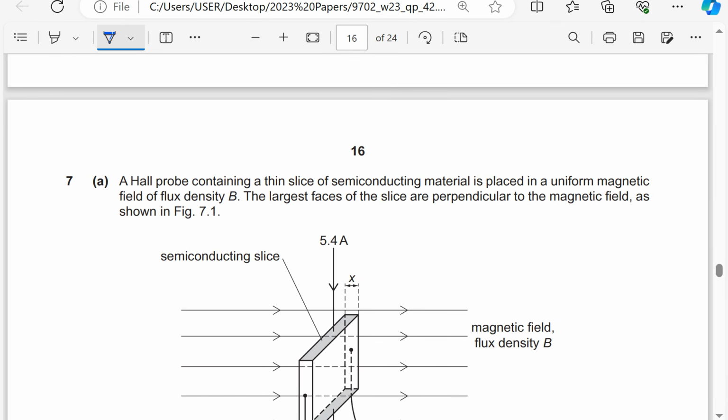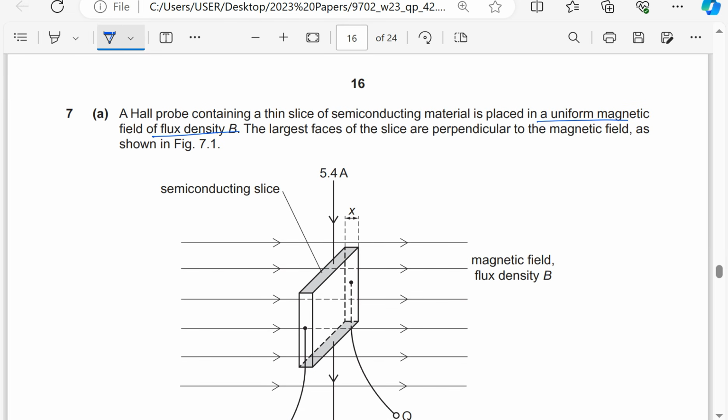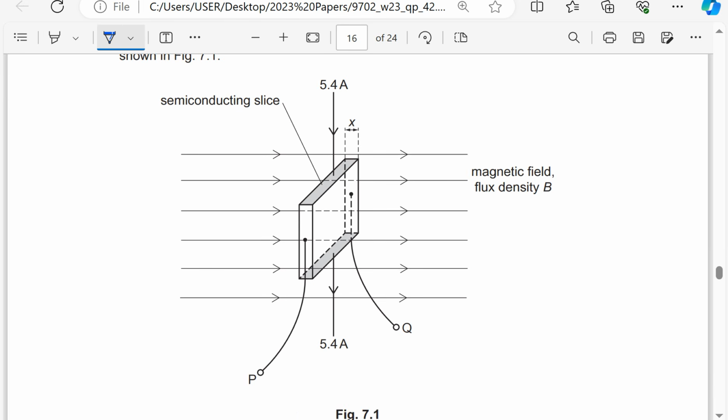A hollow probe containing a thin slice of semiconducting material is placed in a uniform magnetic field of flux density B. It is uniform. The largest faces of the slice are perpendicular to the magnetic field as shown. Okay, so you have a current which is perpendicular to the magnetic field. So it means the semiconductor slice must be experiencing a force.